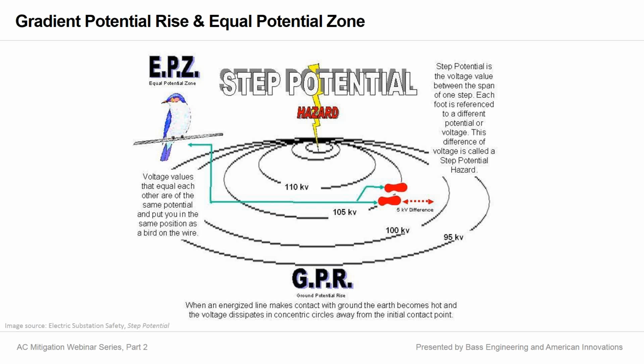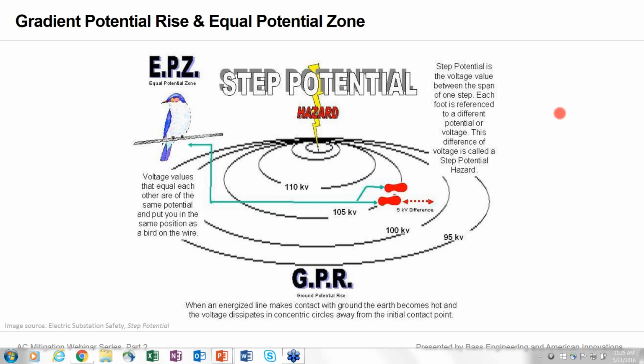Here we go. So just a little bit more about gradient potential rise and equal potential zone. What we're trying to depict here, if you can see the little footsteps on that diagram, and I'll try to help you with that. So once again, these are some typical values that you might see very, very close to the event.